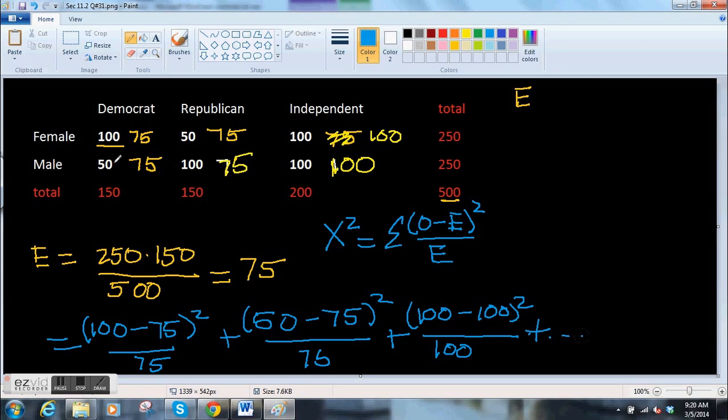I'm running out of room. You do this one and this one a couple more times, then you get to the last one here, which is 100 minus 100 squared divided by 100. You'll notice I didn't include these two because those would go right in there.